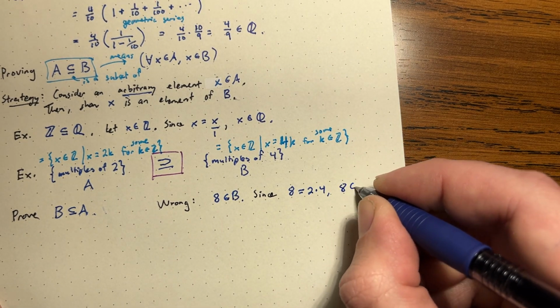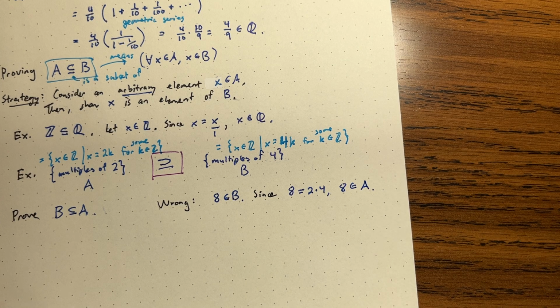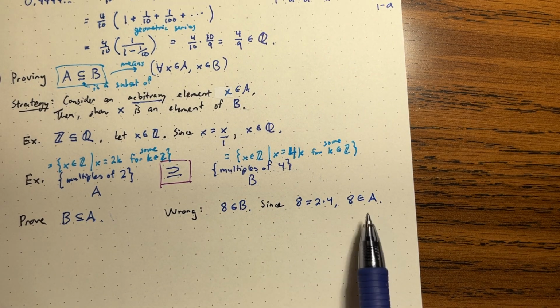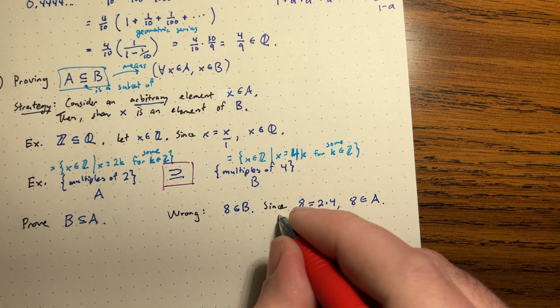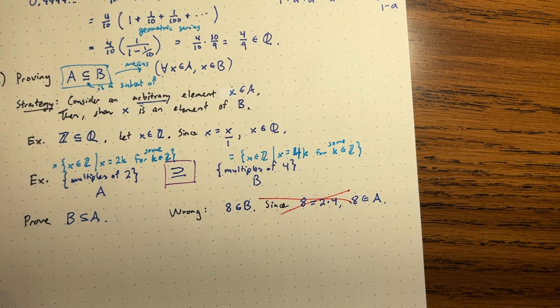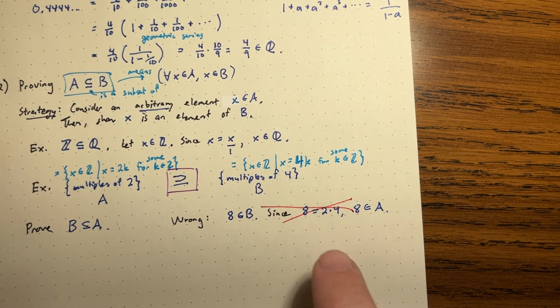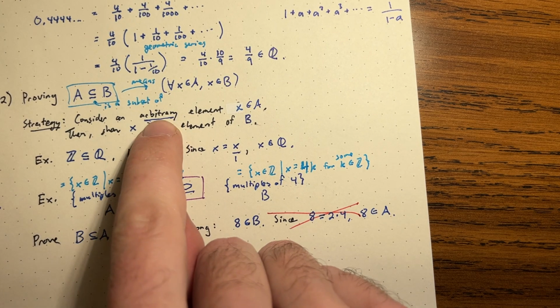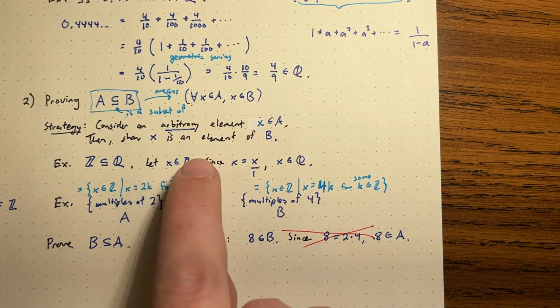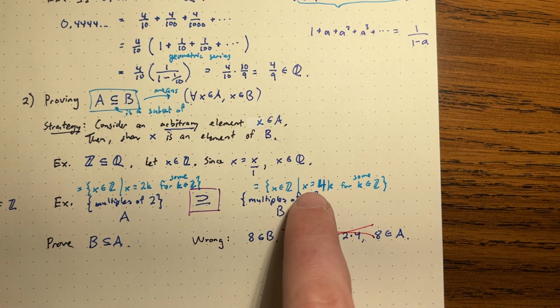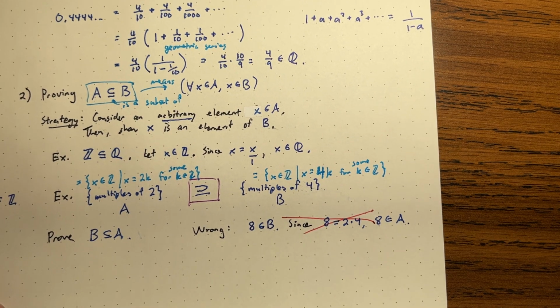Well, we can indeed conclude 8 is an element of A. It looks like we did it. This doesn't work, though. That's because we only proved it for one element. We need to prove it for any element, every element. And so that's why we need to take a completely arbitrary element. So we should take an element just of this arbitrary form.